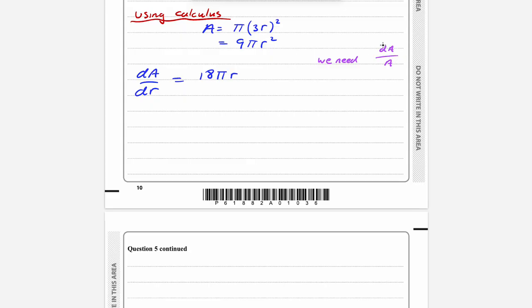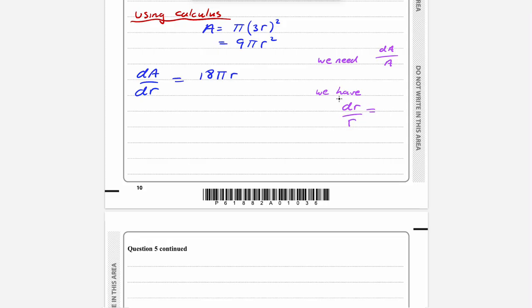So this is the change in the area over the area. Let me show you with r. We have dr over r.